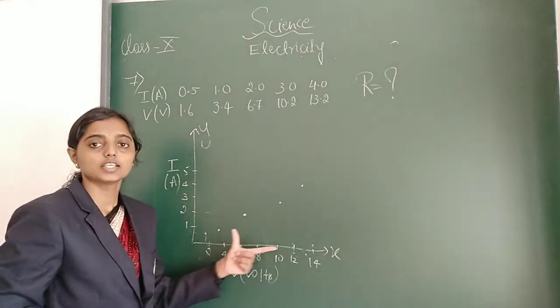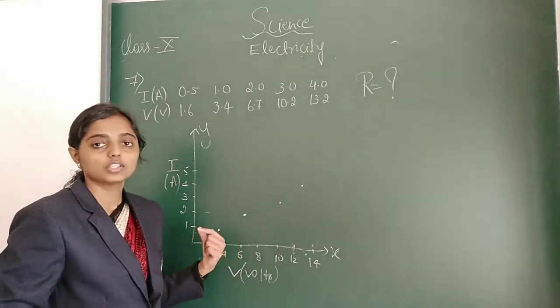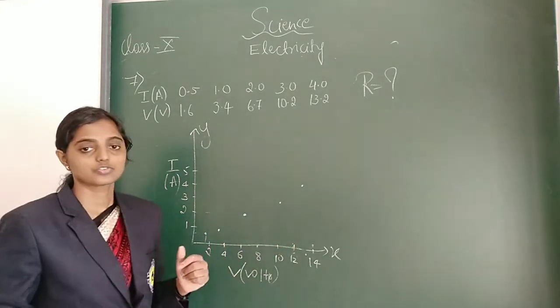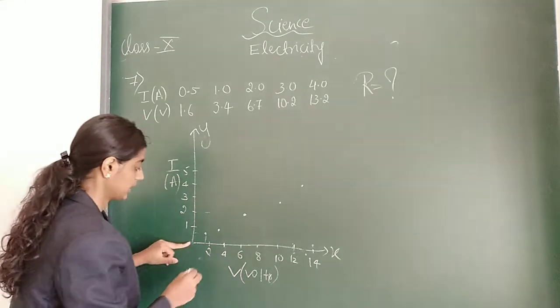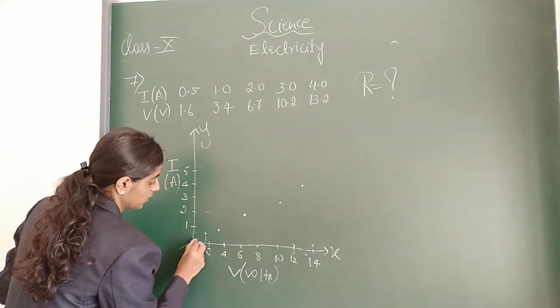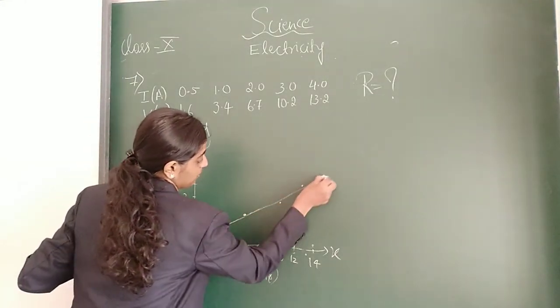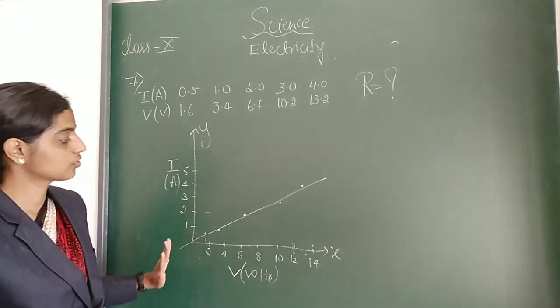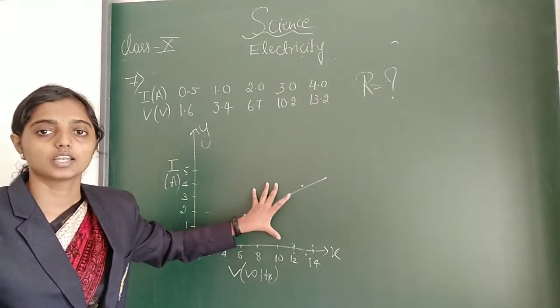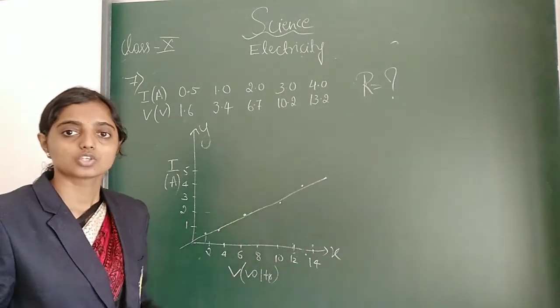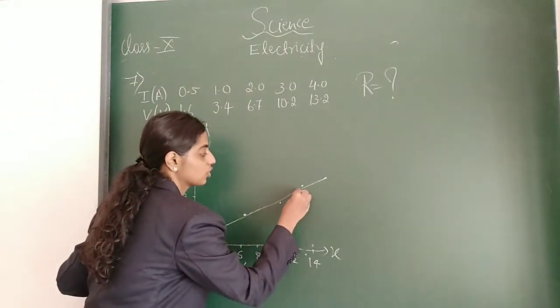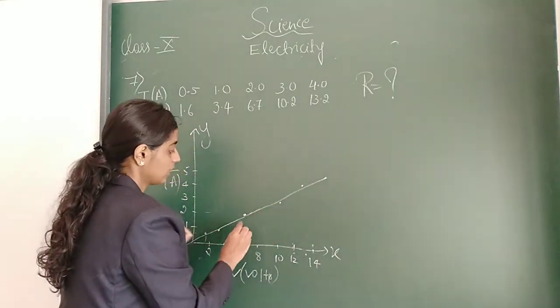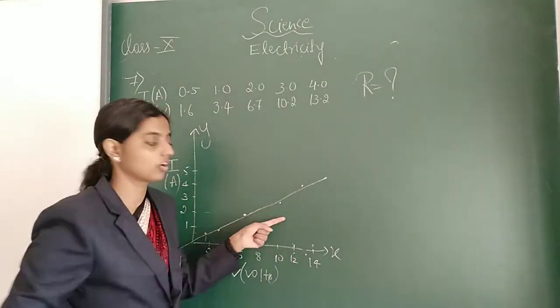After plotting all the points, draw a straight line. We will get one straight line from the origin like this, okay? So now we got a straight line. From this line we need to find the slope. For the slope, it's not that we should take only this region or that region, okay?